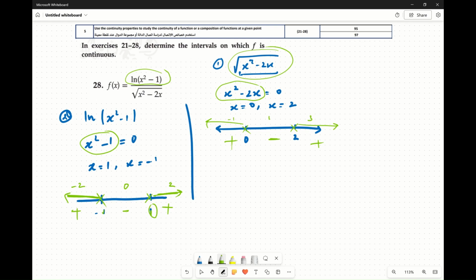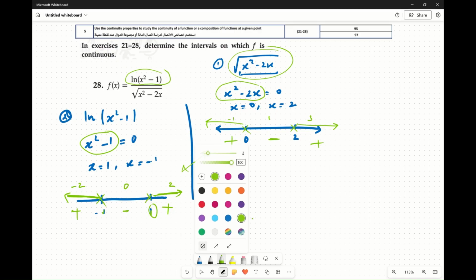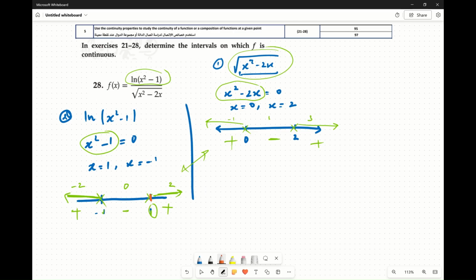Now what I need to do is combine these two intervals together so that I can see where is the common between them. So here we agreed that we need anything more than 1. Here is 1.